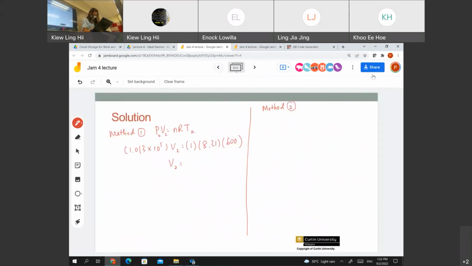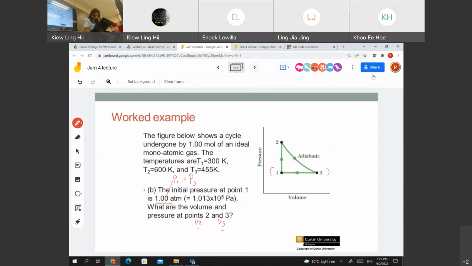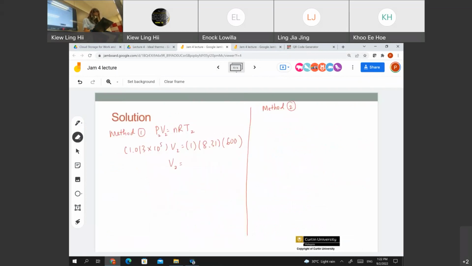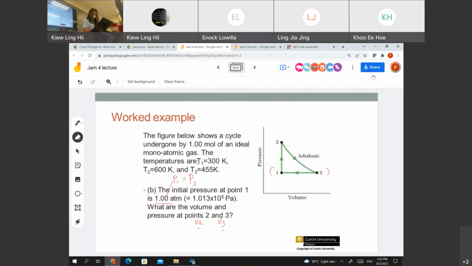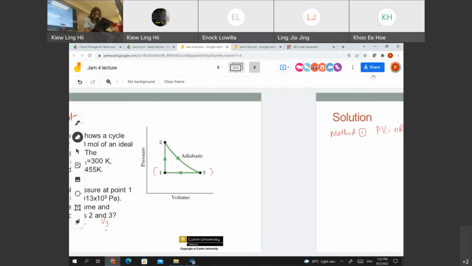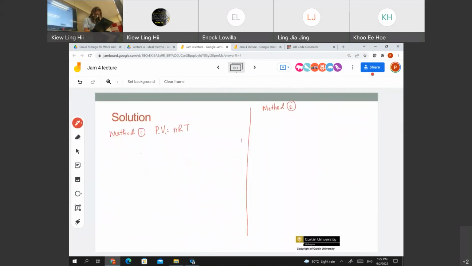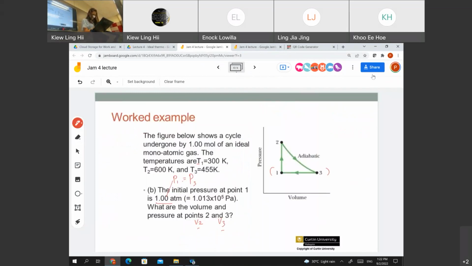So P1 equals P3. We cannot use this for condition 2, but we can use this for condition 3, right? The situation 3, to look for what is our PV3, okay?